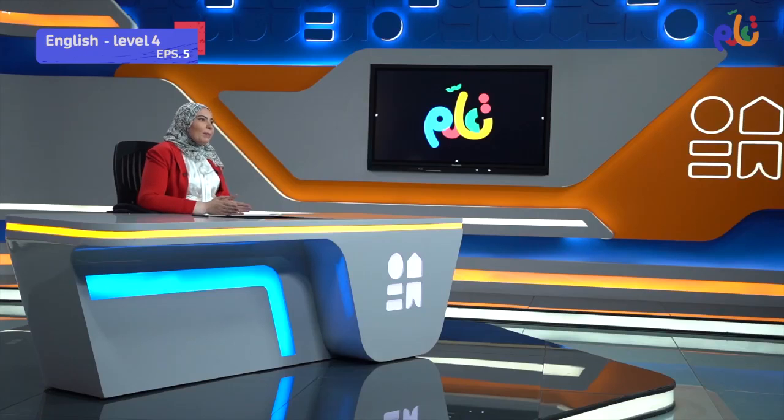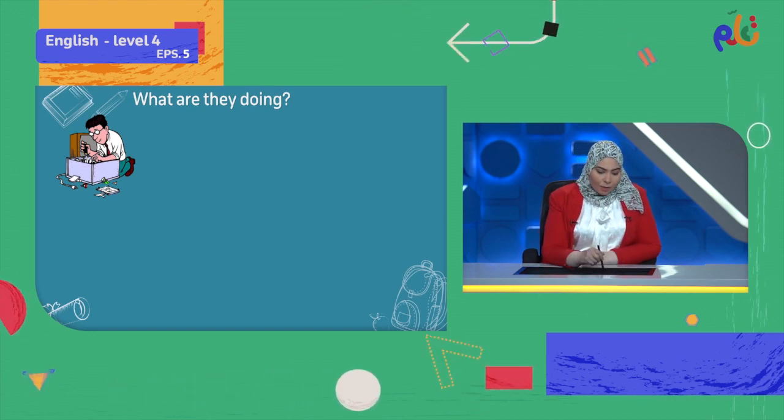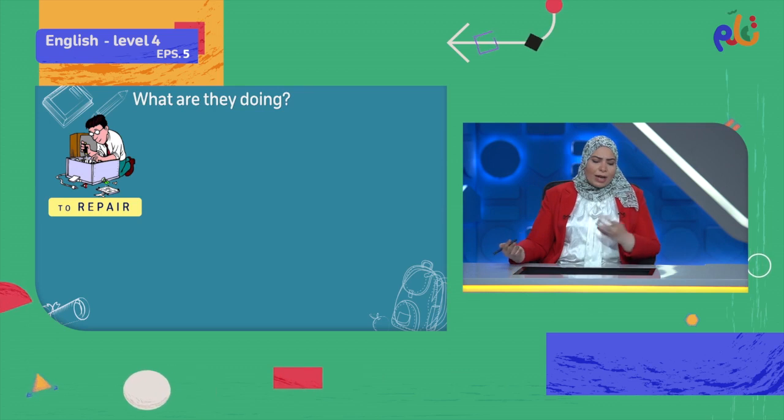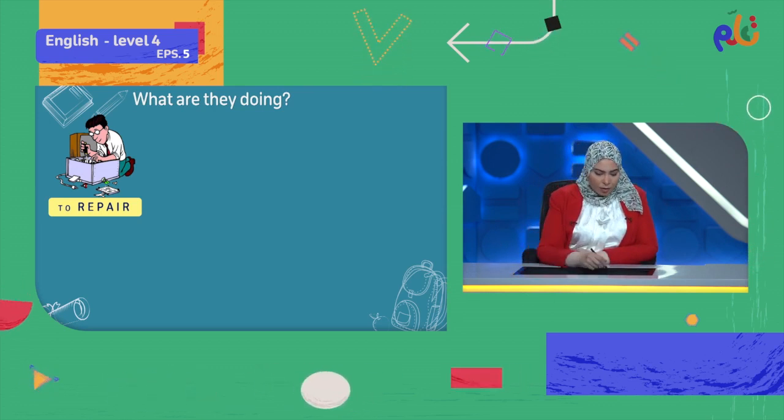So let's look at these people and see what are they doing and what kind of problems they might face, or what unfortunate events might happen to them. So here we have this gentleman. What is he doing? What is the verb here? We have different verbs. We have repair, fix, mend, all would be fine.